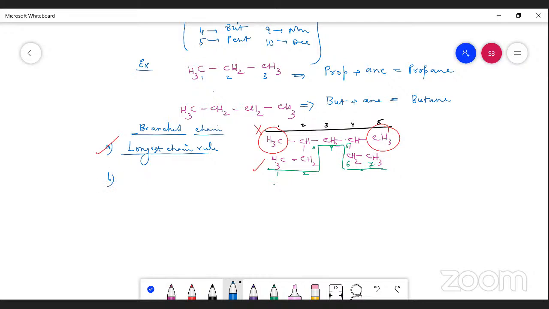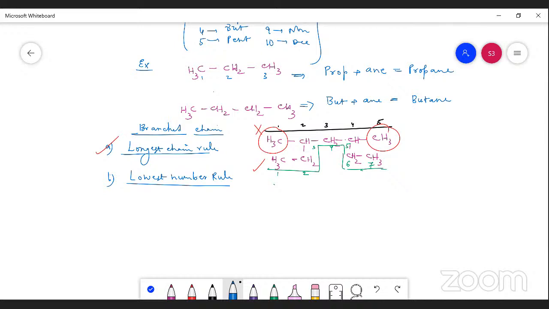After we differentiate the compound into substituents and parent chain, immediately we have to start giving the numbering. For giving the numbering, we have to follow the lowest number rule. What is this lowest number rule?